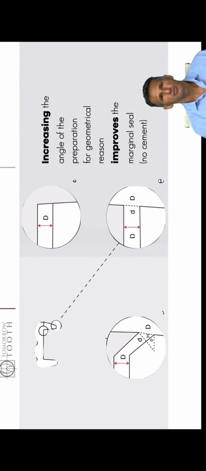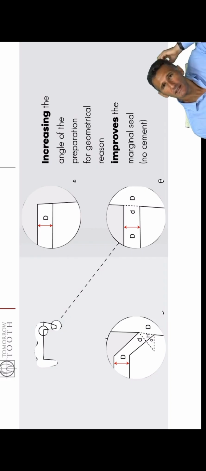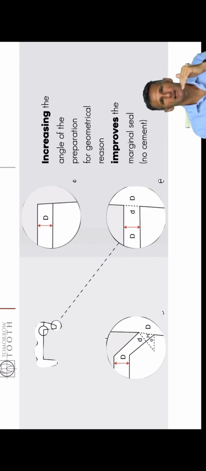And for a geometrical reason, when you start to increase the angle of your preparation, the gap, the distance between the abutment and the crown, starts to decrease more and more according to the angulation of these planes. I show you. Look at the image here on the top. You see that the D, the big one D, is the distance between the crown and the abutment, okay?